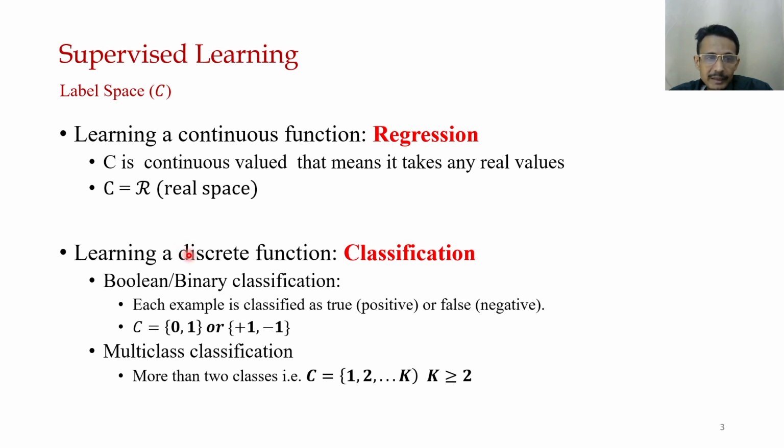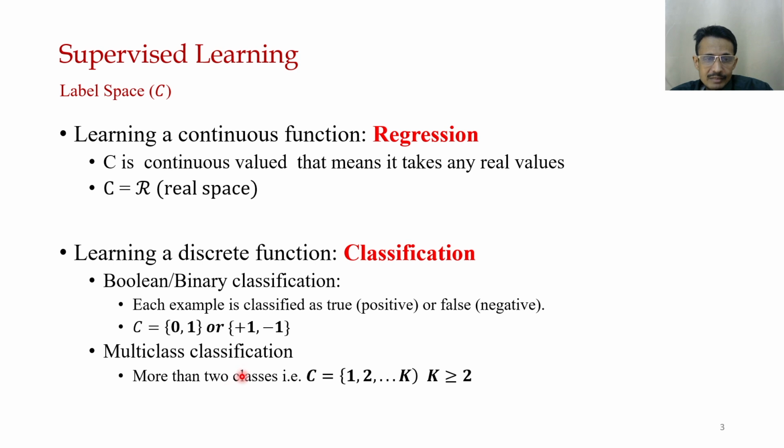But what does this mean? Classification may be a binary classification or a multi-class classification. For binary classification, an example is classified as true or false, positive or negative, either 0 or 1, or plus 1 or minus 1. So, these are the two classes and they are discrete values.